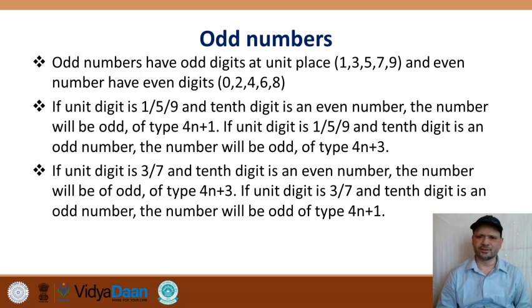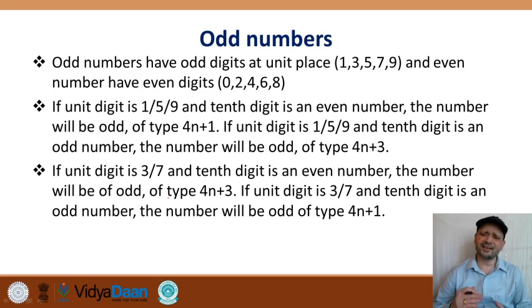Odd numbers have either 1, 3, 5, 7 or 9 at the unit place. Similarly, even numbers have 0, 2, 4, 6 or 8 at the unit place. So that's how we try to define odd and even numbers.